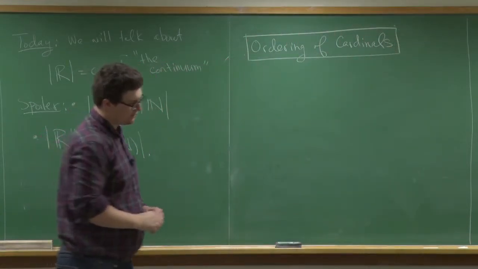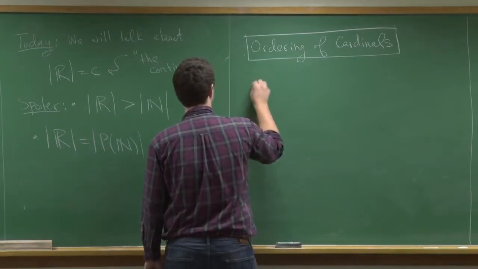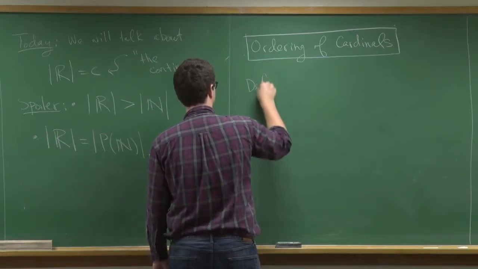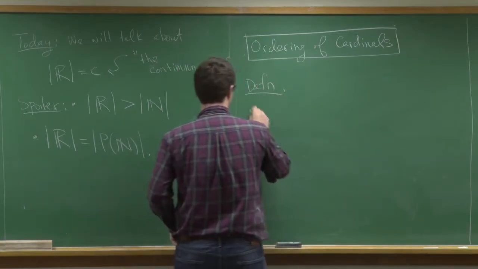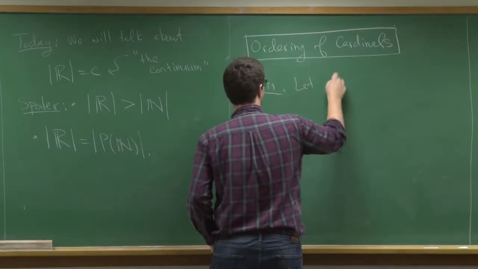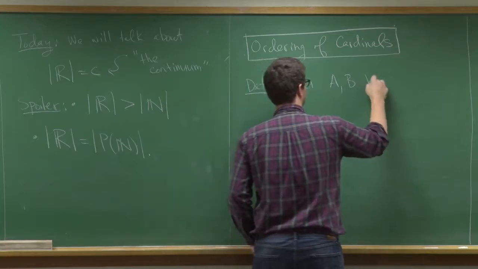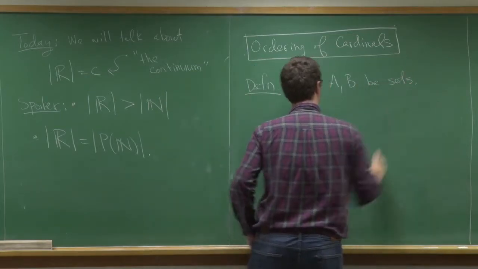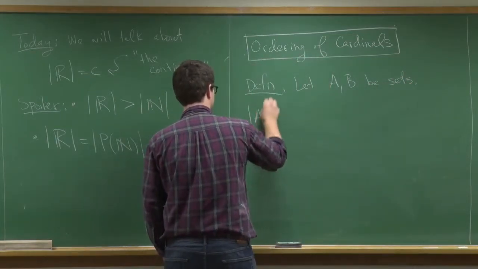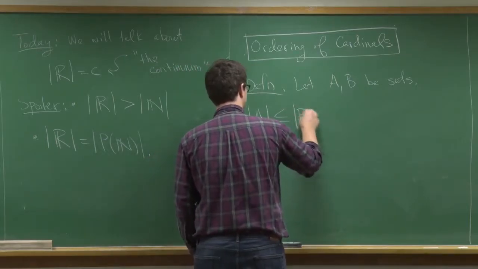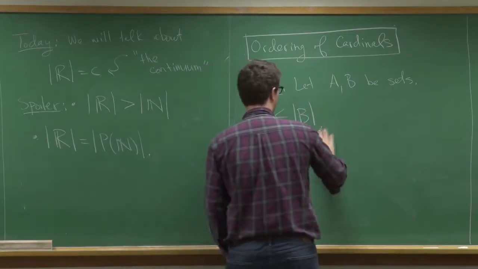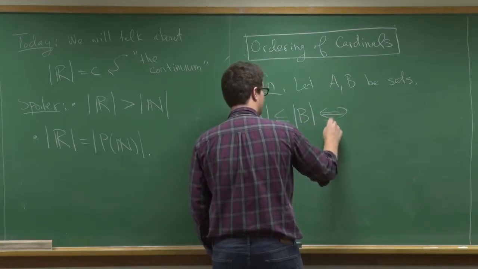So let me give you a definition. So here's the definition. So let A and B be sets. Okay, we'll say that A is less than or equal to B if and only if, and this is the definition.